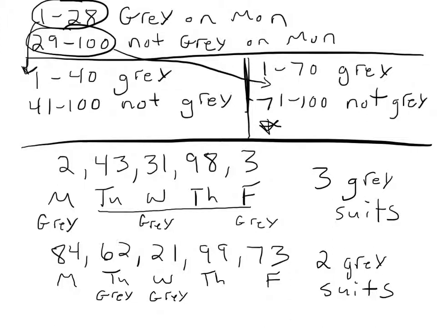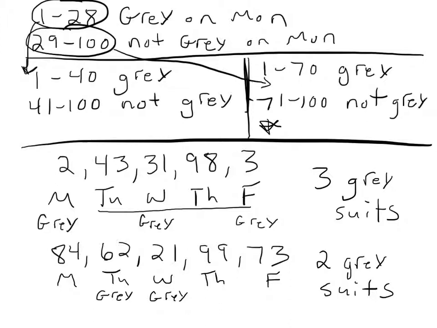I could then continue running trials, and for all of my trials I could take the average number of gray suits that I'm wearing in a week, and I believe that's what the question is asking. The question says, run and record 10 trials to determine on average how many gray suits I would wear during the week. I don't have enough space on this slide to do 10 trials. So it looks like for my 2 trials, I'm wearing on average 2.5 gray suits in a week.